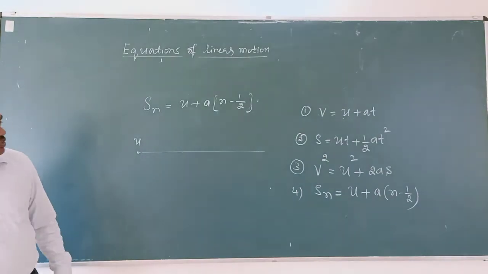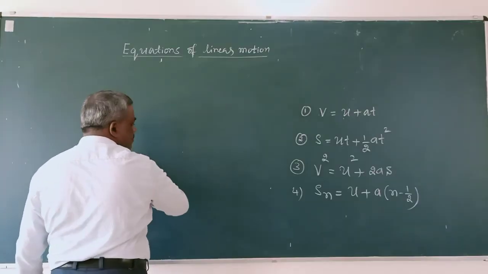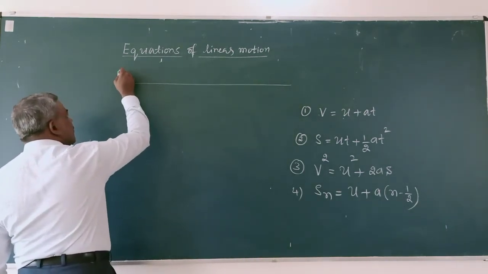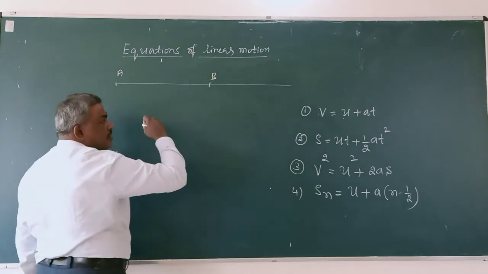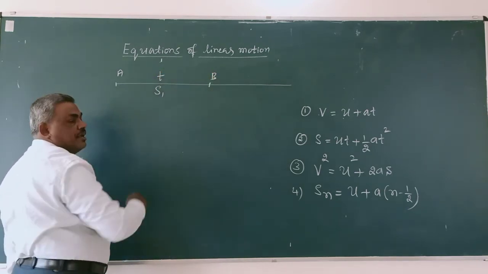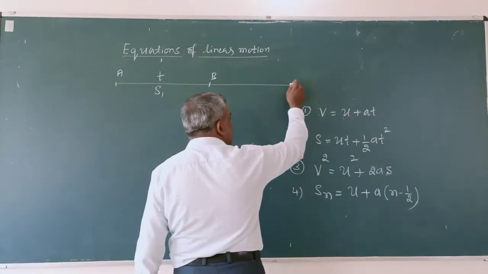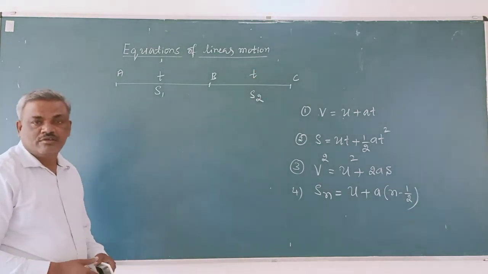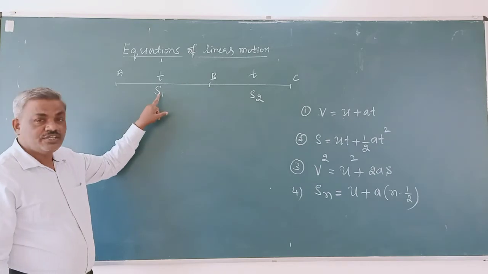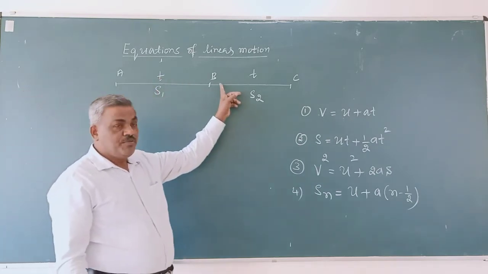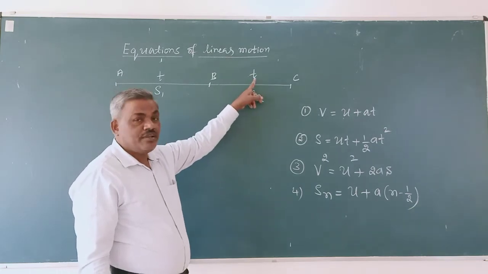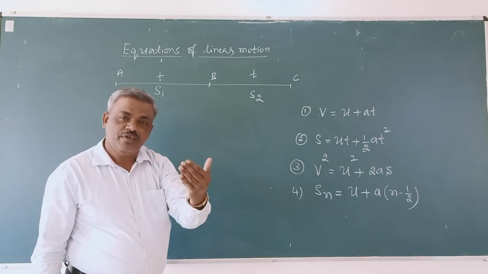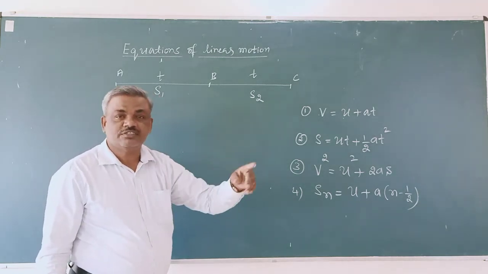And the last, fifth equation. A body is traveling from A to B, a distance S1, in time t seconds. Then from B to C, a distance S2, in time t seconds. So A to B, distance S1 in time t, and B to C, distance S2 in time t. Maybe in the first 5 minutes the body covers some distance, and after 5 minutes it covers the same distance again.